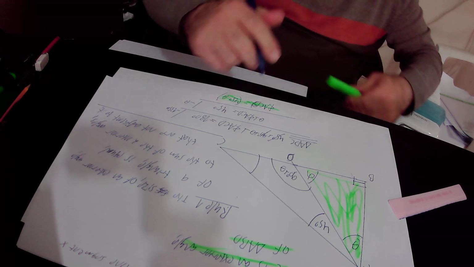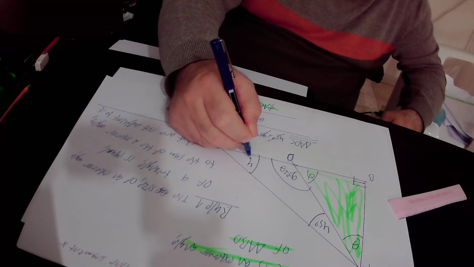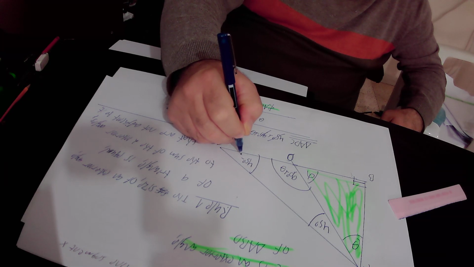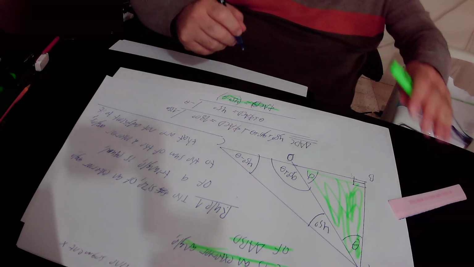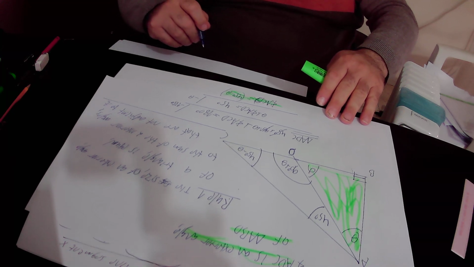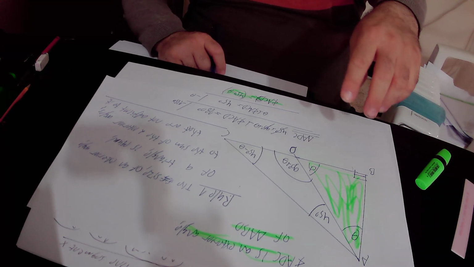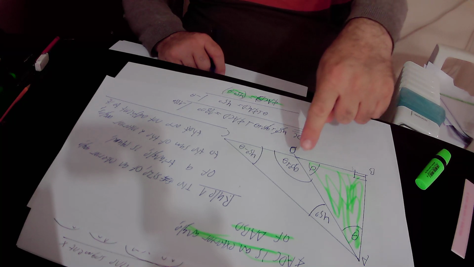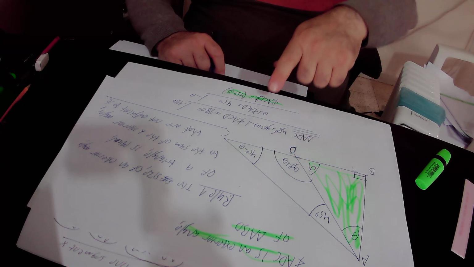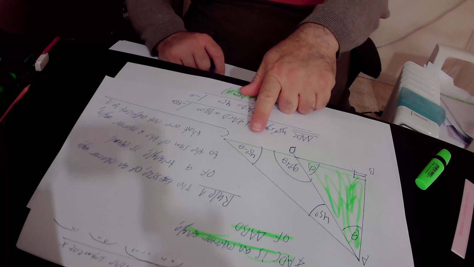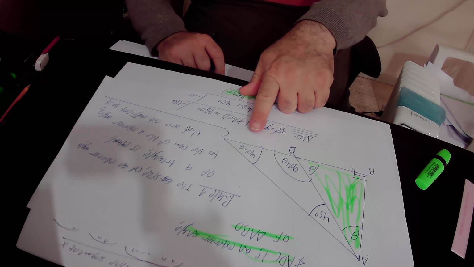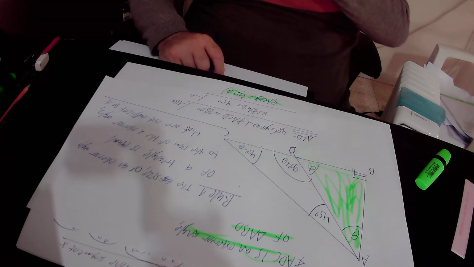So this angle equals 45 degrees minus theta. And then it is very easy to see from the drawing that in triangle ADC, this angle that is equal to 45 degrees minus theta is the smallest angle.